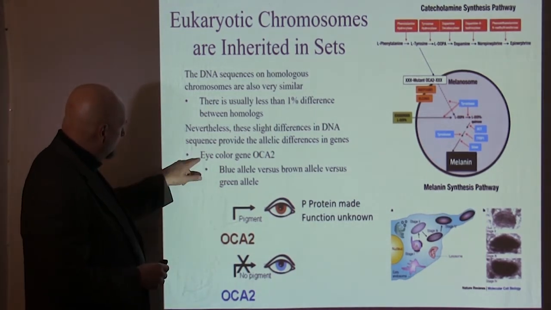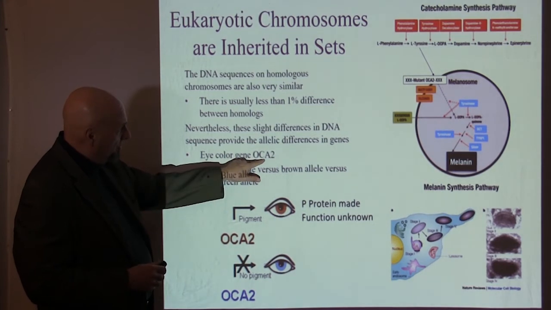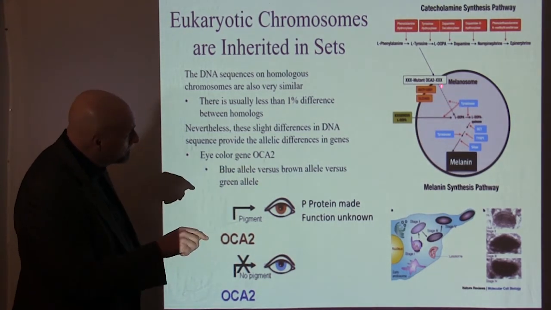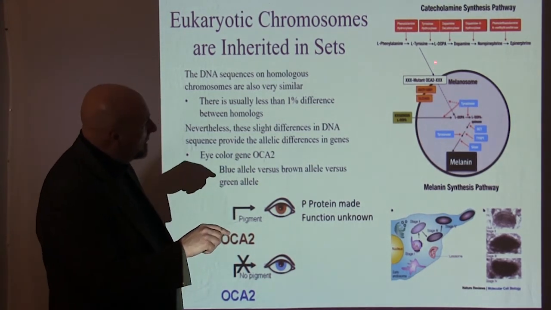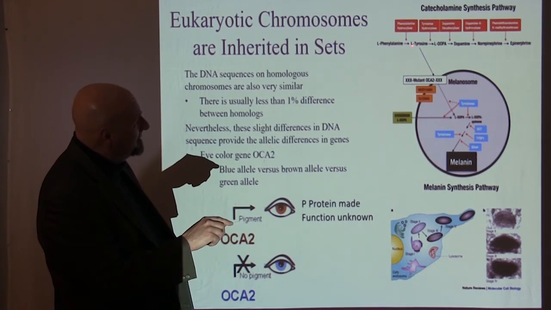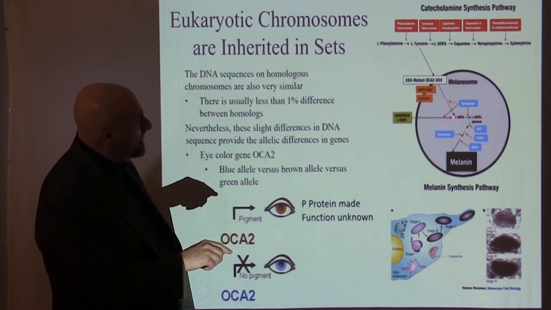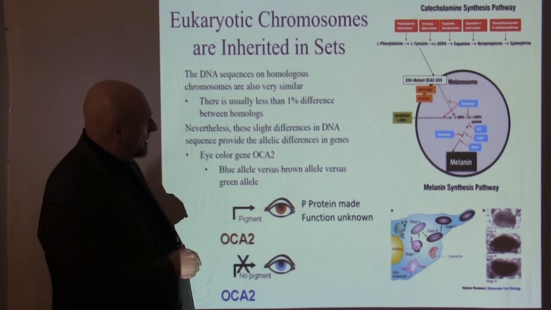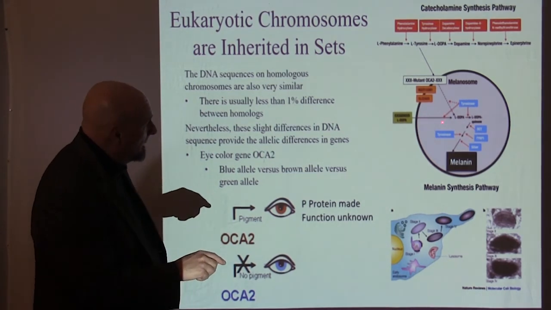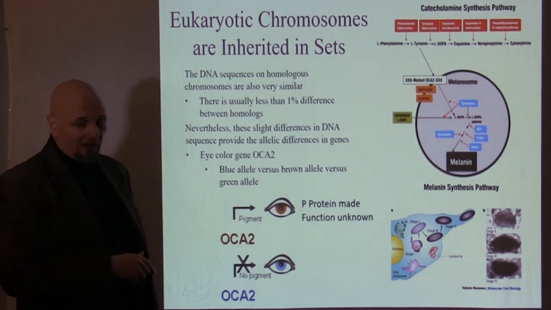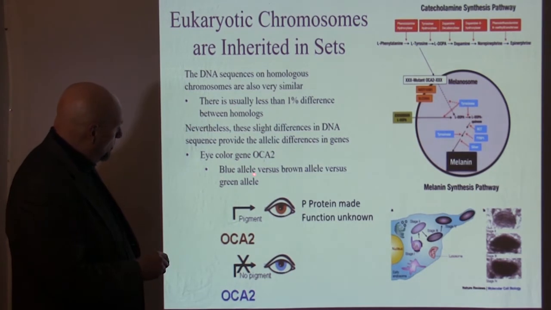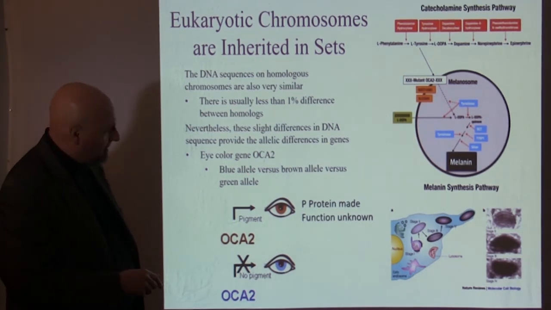So for example, if we look at eye color, which is associated with a gene called OCA2, which is part of the system that's involved in converting tyrosine into L-DOPA. That's part of those particular enzymes, doing that to produce melanin for the eye. So blue allele versus the brown allele.